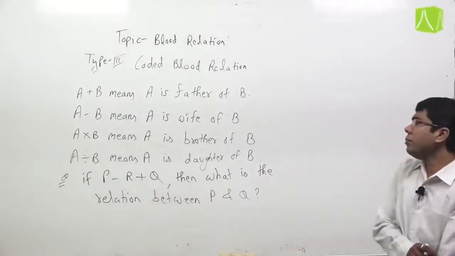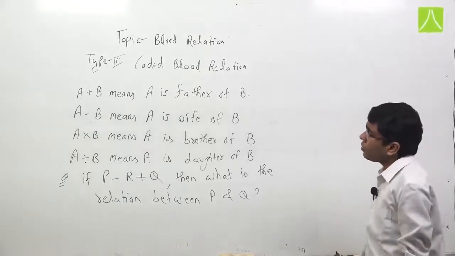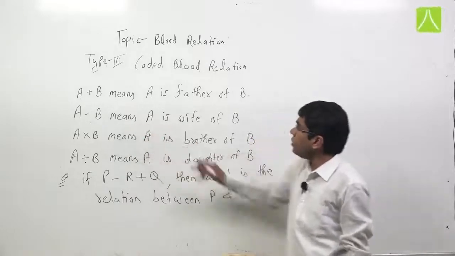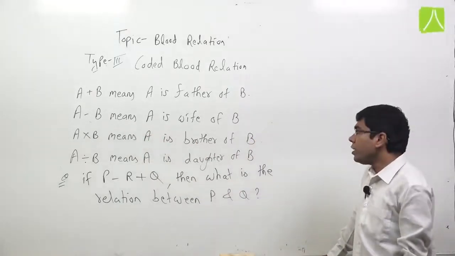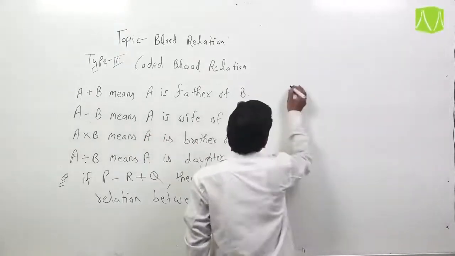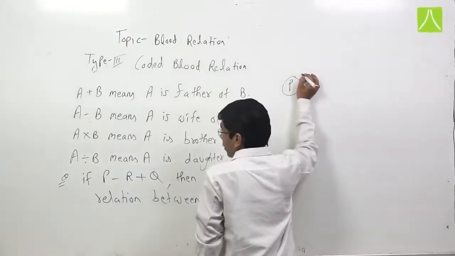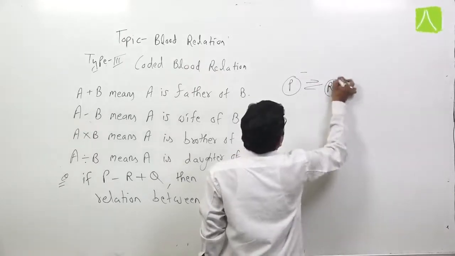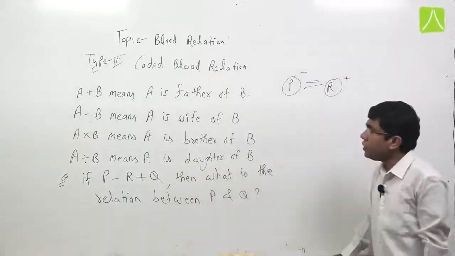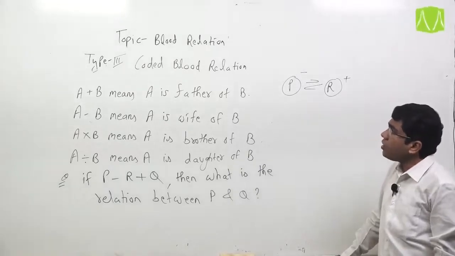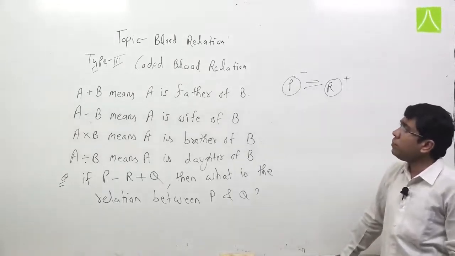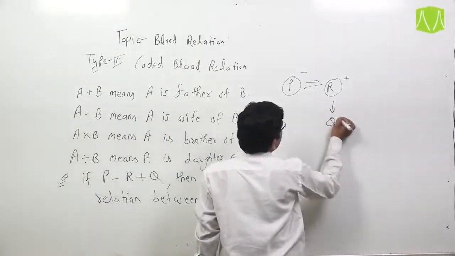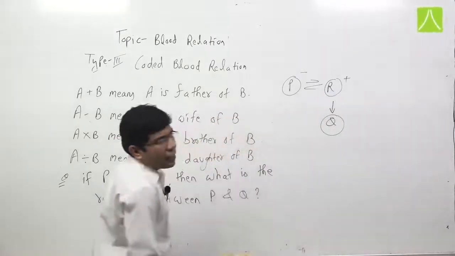Now for this statement we can draw the diagram according to the coding. P minus R, we know A minus B means A is wife of B. So P minus R means P is wife of R, and R plus Q, A plus B means A is father of B, so R plus Q means R is father of Q. This is our diagram.